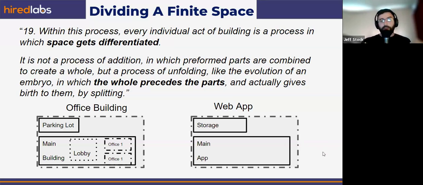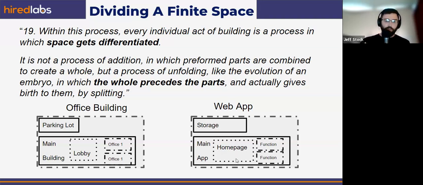Since we're doing web, the lobby might be a homepage where people come, which you break down into different sections. The back office stuff could be functions. People don't necessarily go into the back office in an office building, and they don't necessarily see the functions. So the function side is the back end, and the homepage would be the front end. These little diagrams show the idea of delineating the inside space, not modularly adding things to the outside and building something like that.